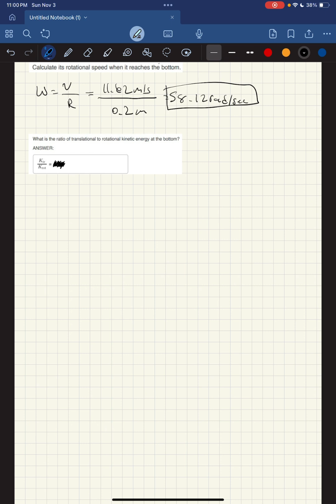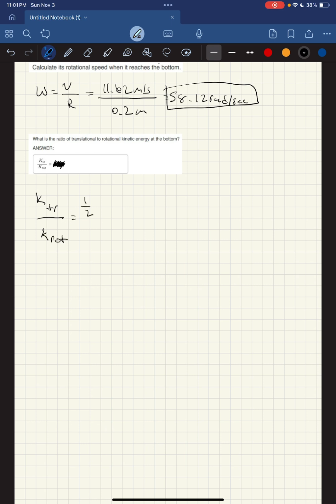To find the ratio between translational and rotational kinetic energy at the bottom, it's purely just translational kinetic energy divided by rotational kinetic energy.